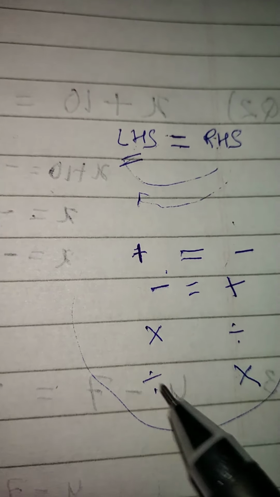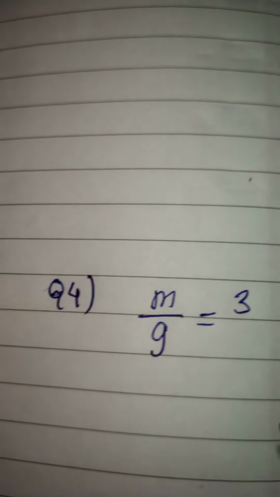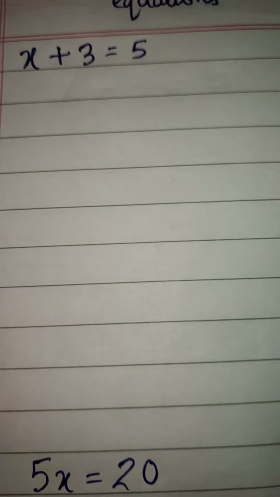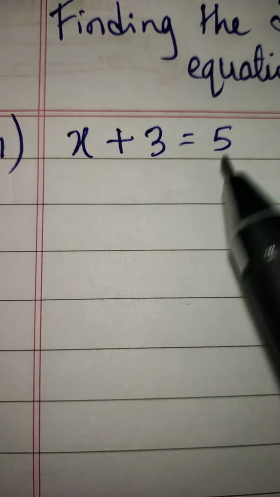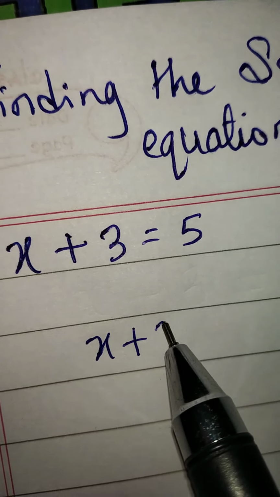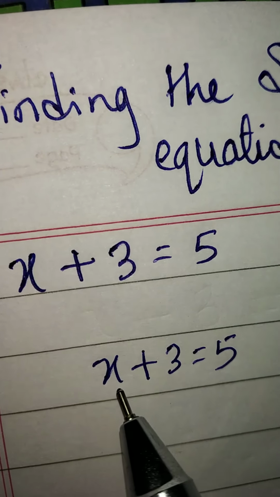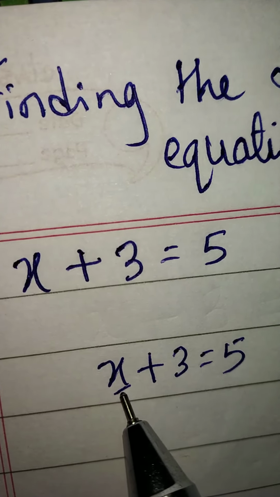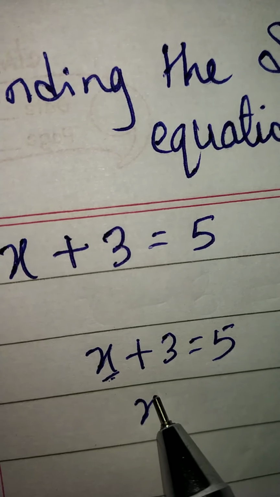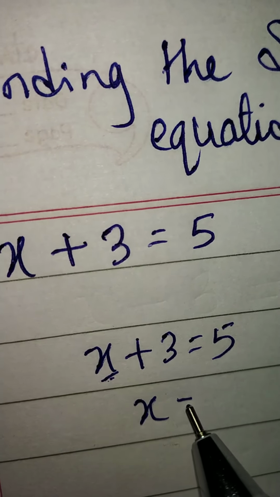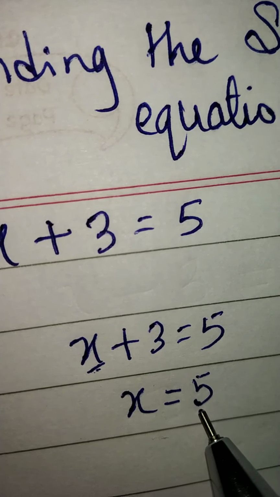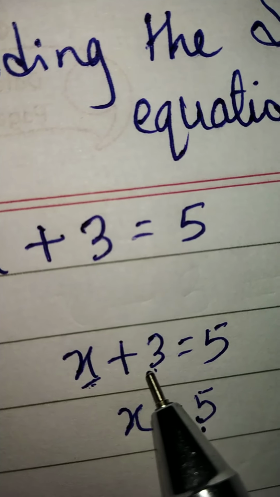Now we'll apply these rules while solving these 4 equations. So now let's solve the first one, and the first one says x plus 3 is equal to 5. Our variable is x here and we have to find the value of x. So what we do here is, we'll just write x on the left hand side, equal to will be there, and this 5 is on the right hand side already. So we'll write down 5 first, then this is plus 3, right?